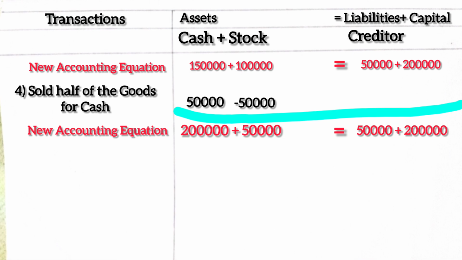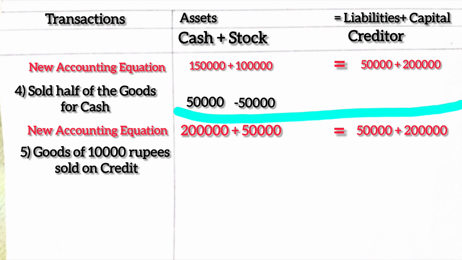The next business transaction, say for example, goods of rupees 10,000 sold on credit. Goods have been sold on credit. So in this situation, cash is not coming in, so under the cash column, we will not write anything. Stock has been reduced, yes or no? 10,000 goods have been sold, so we will minus 10,000 from the stock column.